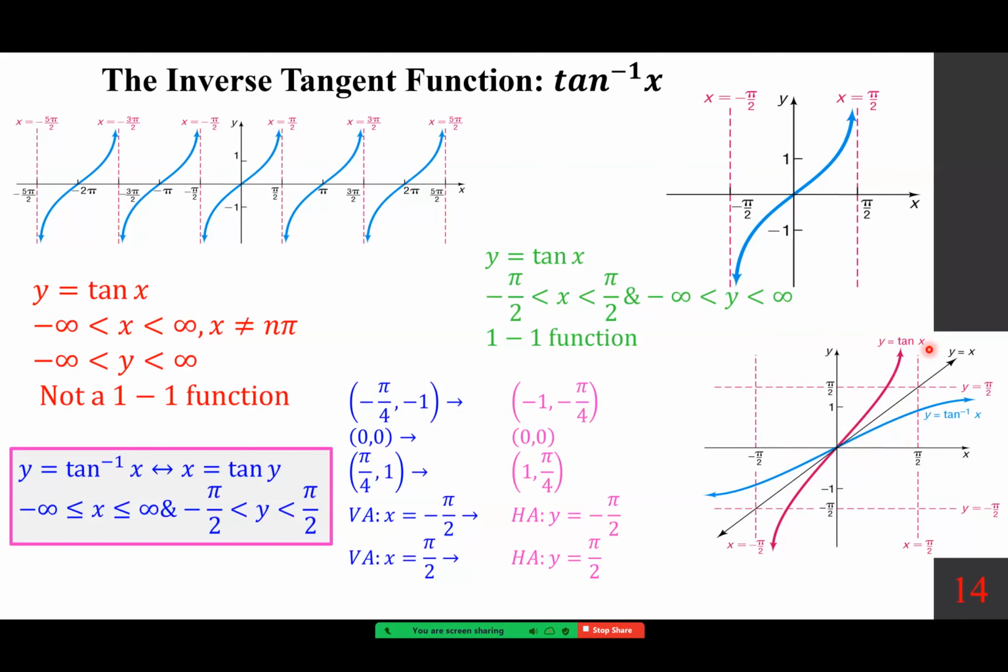And now look at the vertical asymptotes becoming horizontal asymptotes. So it goes towards the horizontal asymptote. And this is among the rare functions that has two horizontal asymptotes: y equals pi over 2, y equals negative pi over 2.